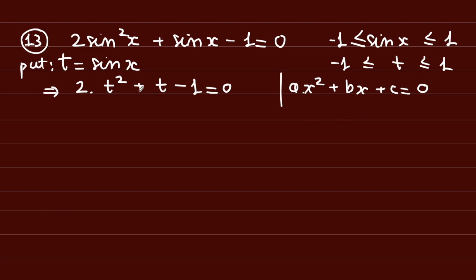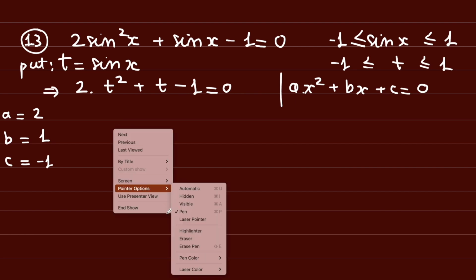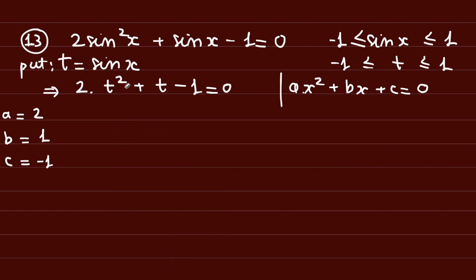So for this question, you got a equal to 2, b equal to 1, and c equal to minus 1. Why do we have b equal to 1? Because the number multiplied by t squared is 2, that's why a equal to 2. The number multiplied by t is the coefficient of t; you got only t here, but you need to understand that it is t multiplied by 1. And the last one, the constant number, is always very easy to recognize. So you got a equal to 2, b equal to 1, and c equal to minus 1.